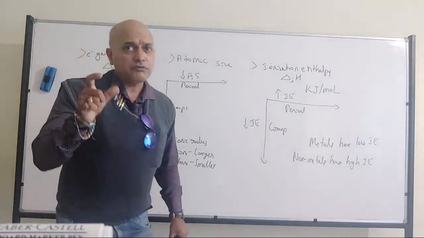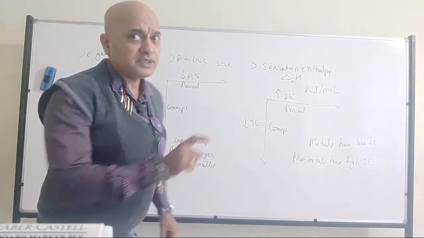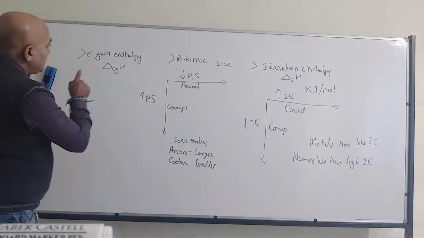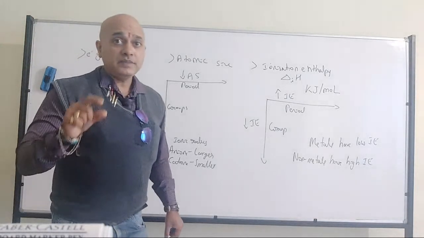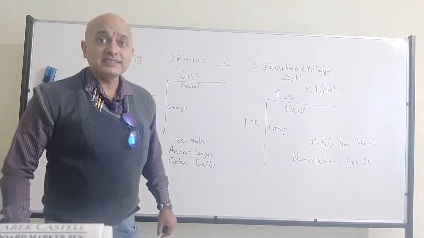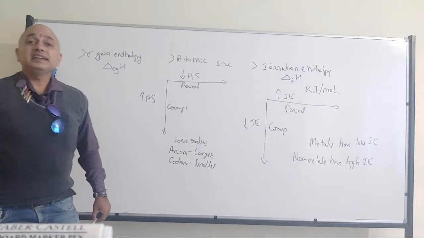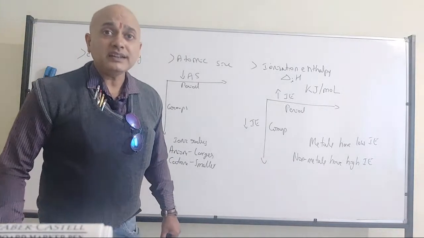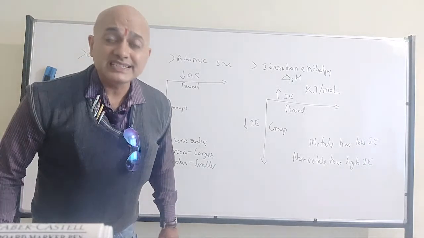Why do we have to mention the gaseous state, especially when it comes to ionization and electron gain enthalpy? The reason is, as I told yesterday, in the gaseous state interatomic interaction will be nil or negligible.